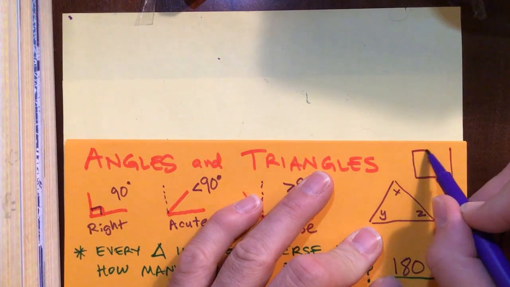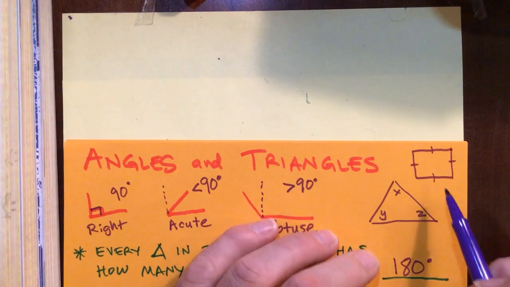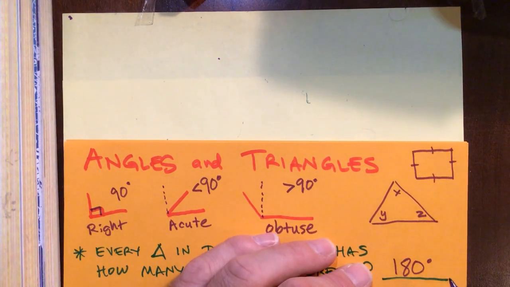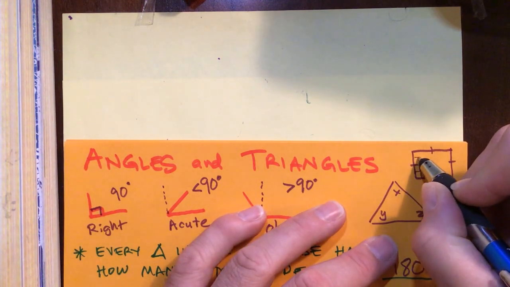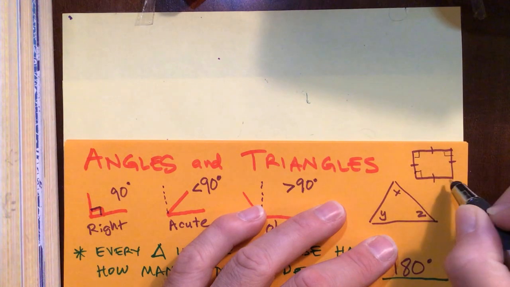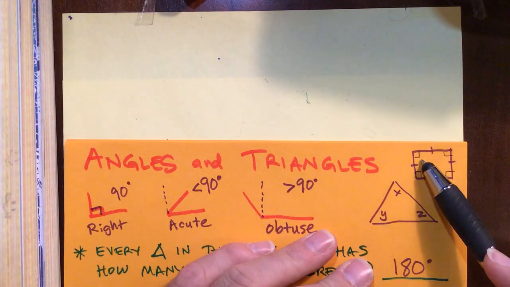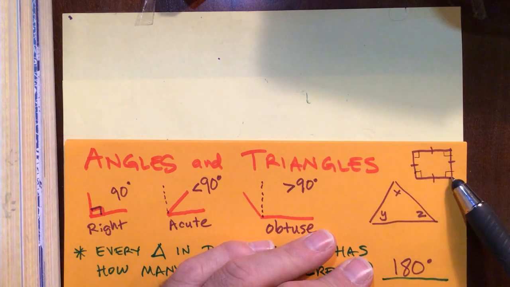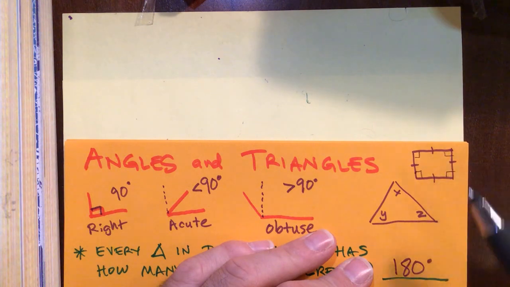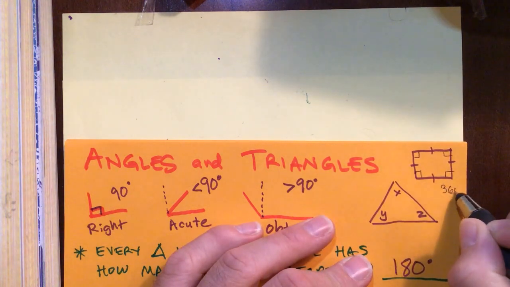If you ever forget, let's pretend this is a square. Those little tick marks mean they're the same. What do we know about a square? It has 4 right angles. How much is a right angle? How many degrees? We had it over here, 90 degrees. So 90 plus 90 is 180, plus 90 plus 90, another 180, is a grand total of 360 degrees.